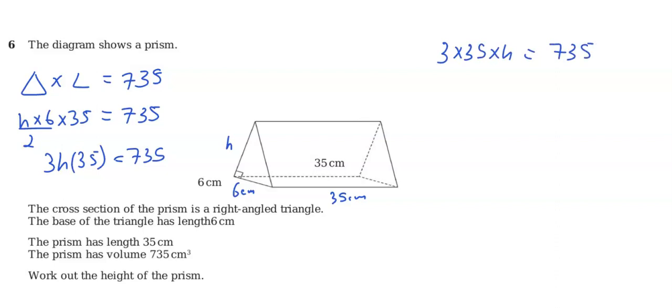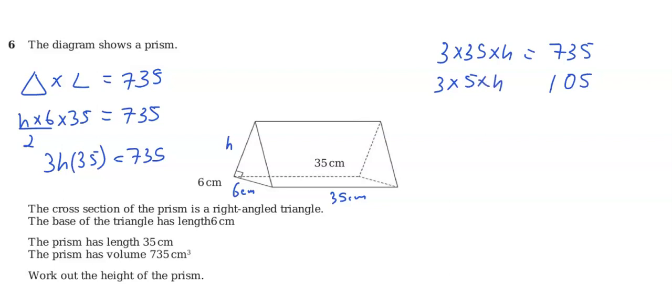Now, without a calculator, perhaps the best thing to do would be to, if you like, cancel down. And we can see that 7 goes into 35 and 735. We've got 700 plus 7 times 5. 7 into 7 is 1. 7 into 35 is 5. And then 3 times 5 times h.